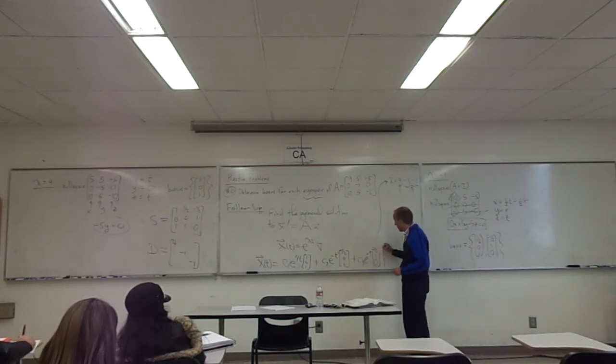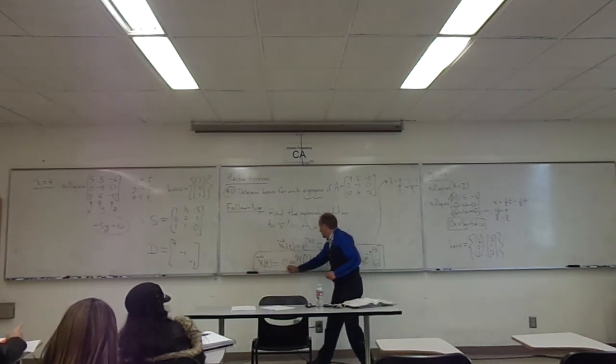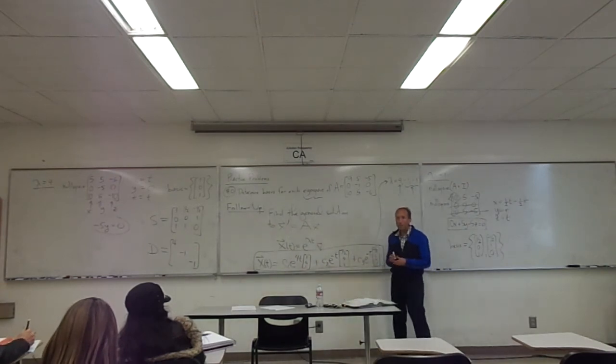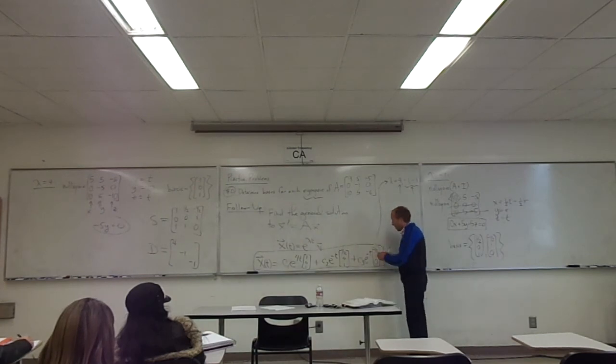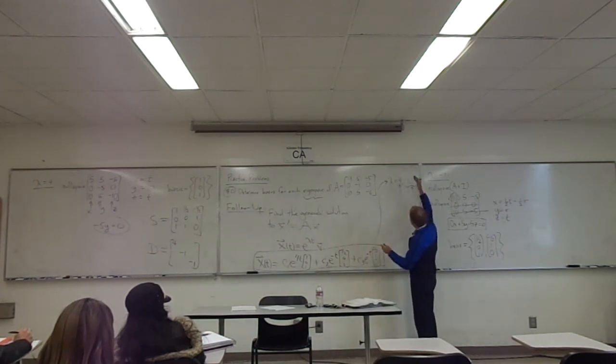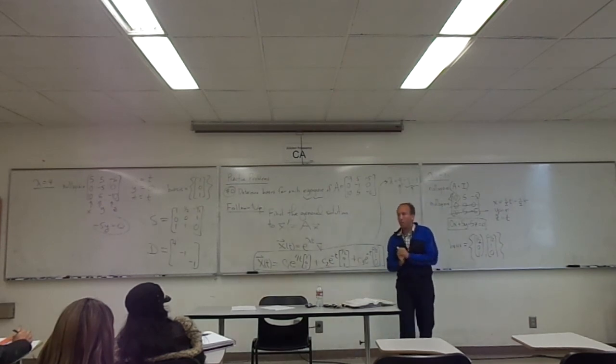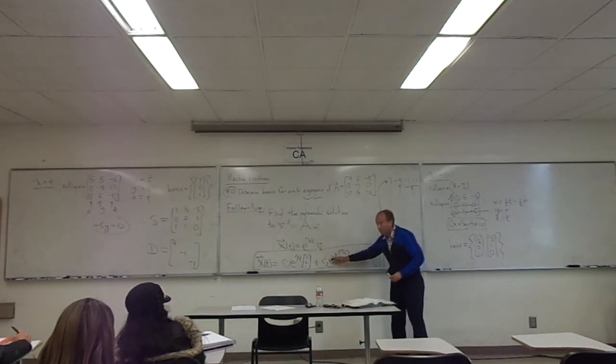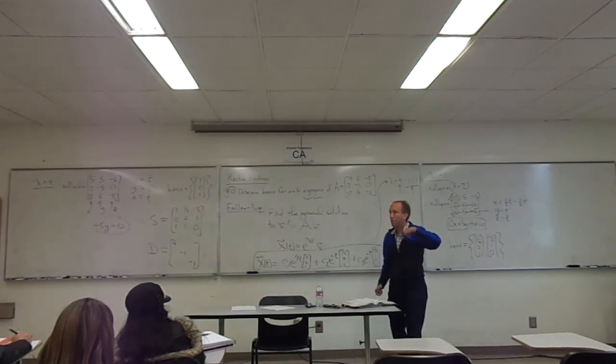This is a really important point, which I don't think I did a super great job of emphasizing during class. So again, if you're watching at home or here, wherever you're watching, when you have a repeated eigenvalue in the vector differential equations chapter, you don't have to stack a t in front of the second occurrence of that repeated solution.